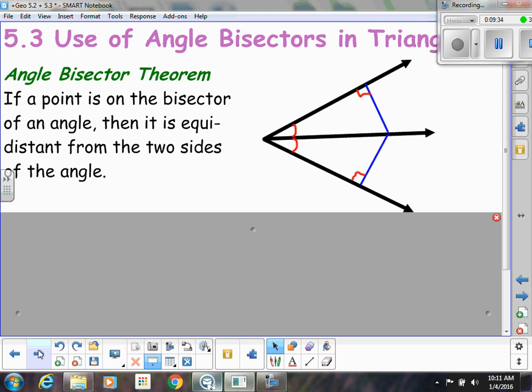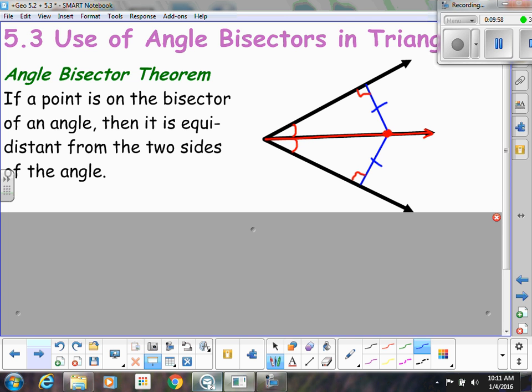So this is our theorem. So if I have a point that's on this angle bisector, notice this ray right here is our angle bisector. And that is going to show that these two distances, right here and right here, are congruent.